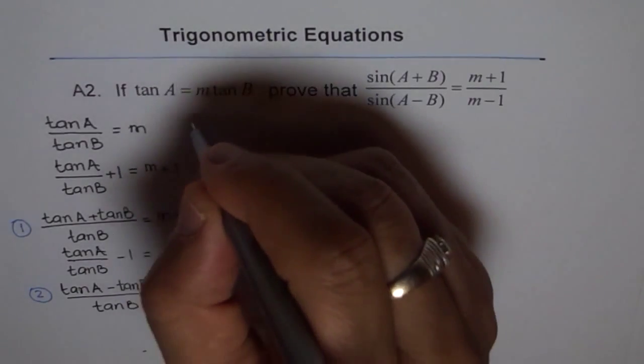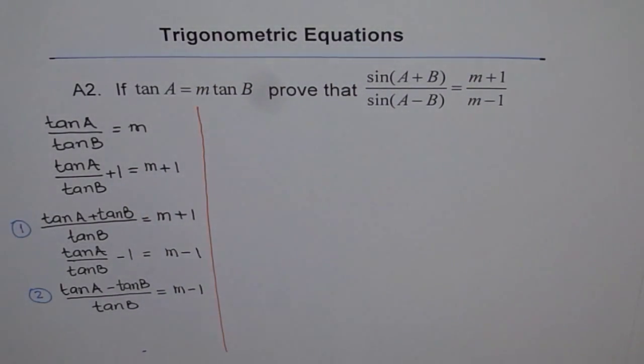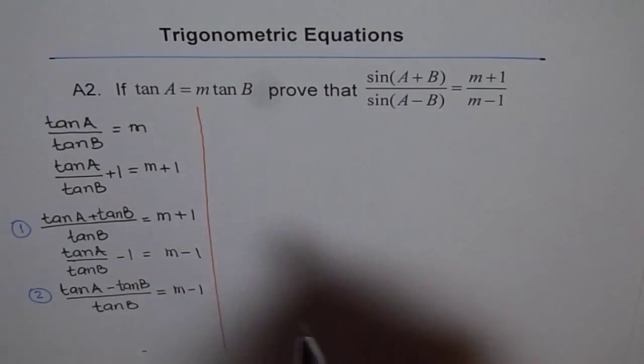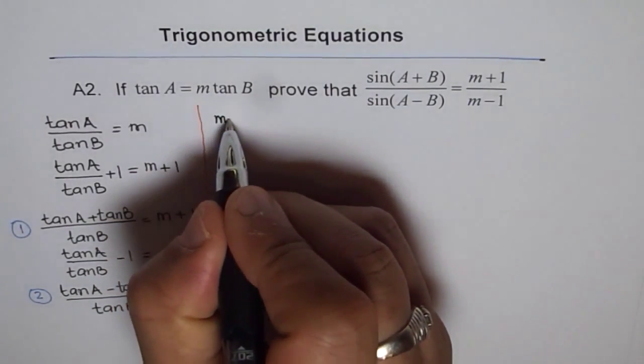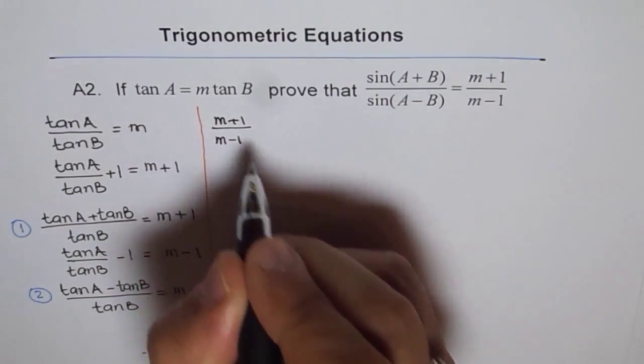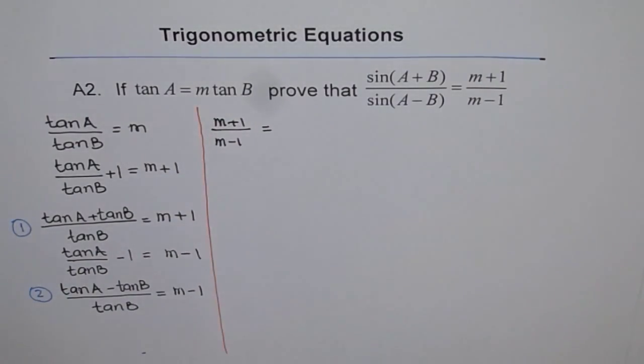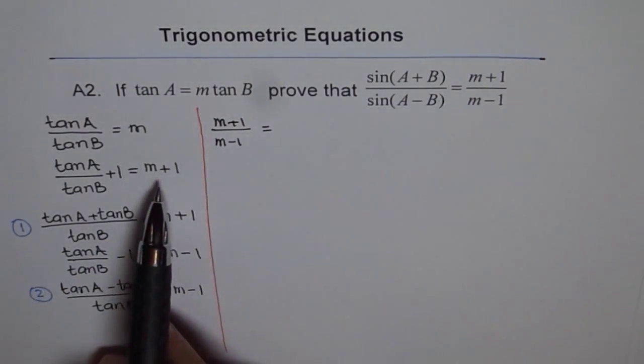Now the next step is to find the ratio, because we need m plus 1 divided by m minus 1. We can write it from here.